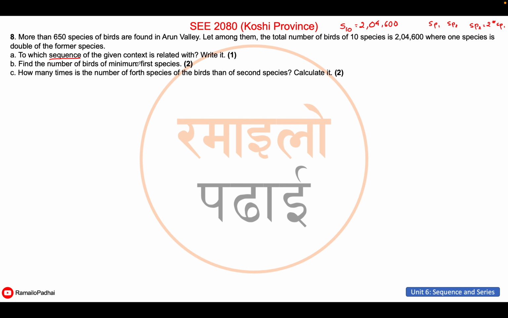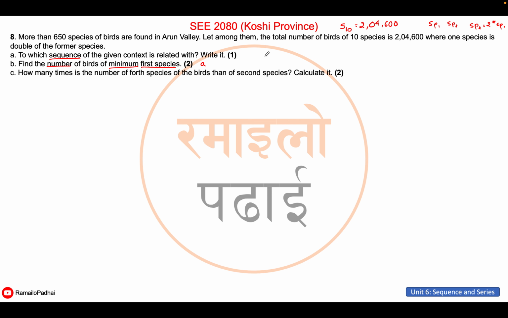So they are saying that the first species has the minimum number of birds, and what is that number? As already said in the question, the first species has the minimum number of birds, and they are asking us to find the number of first species. And in C, how many times is the number of fourth species of the birds than the second species?